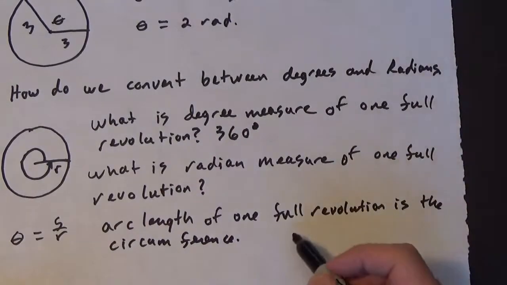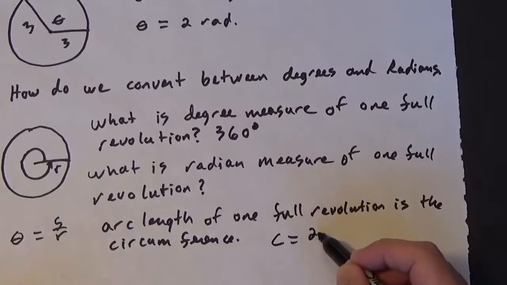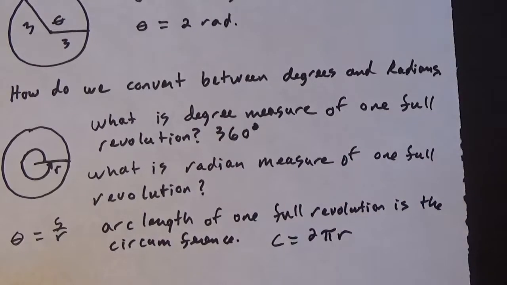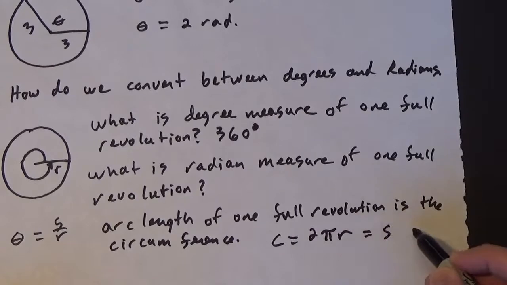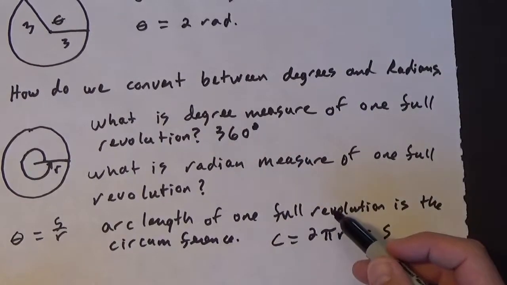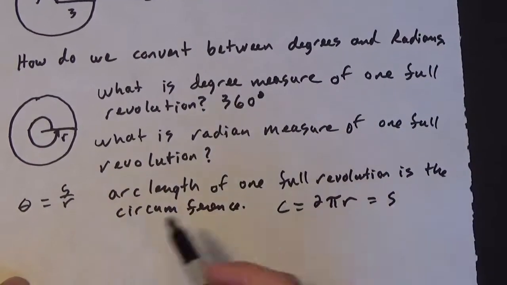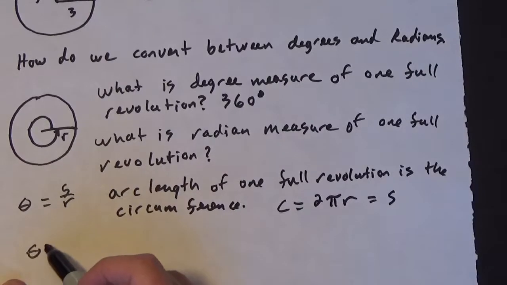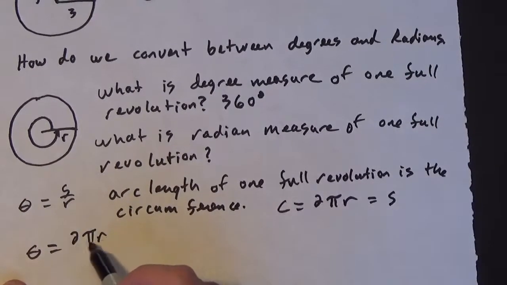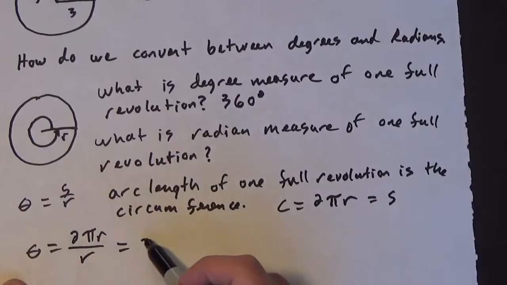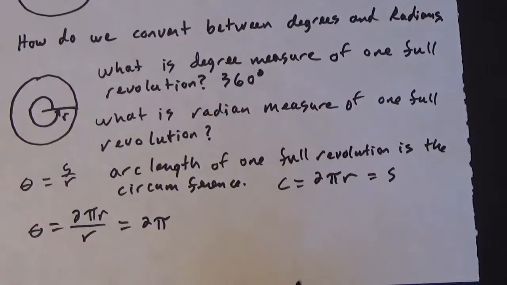We know the circumference of a circle, C, is 2 pi r. So this is going to be s, our arc length. Now we can say theta, which is s over r, is 2 pi r over r, and so that equals 2 pi. And so there you go.